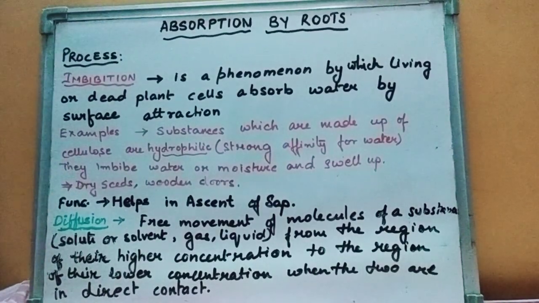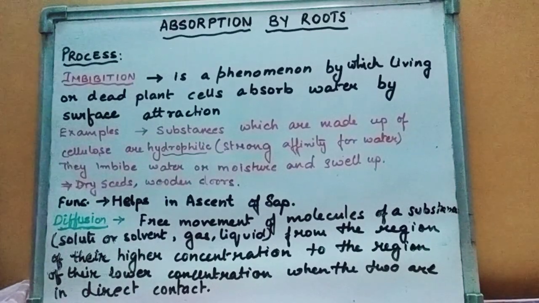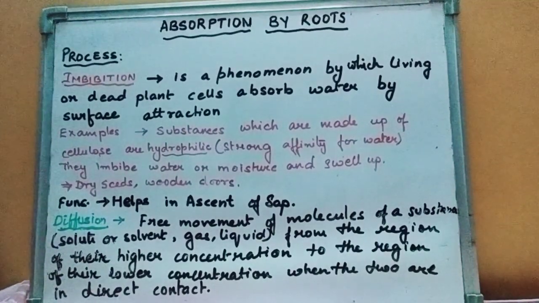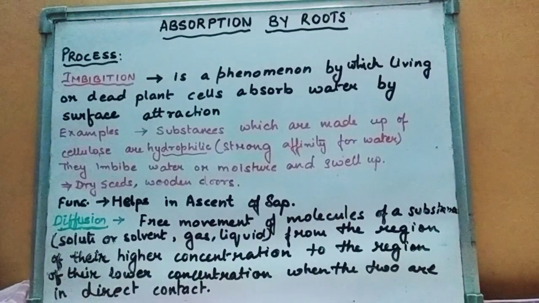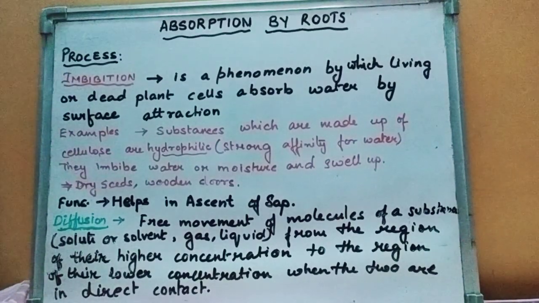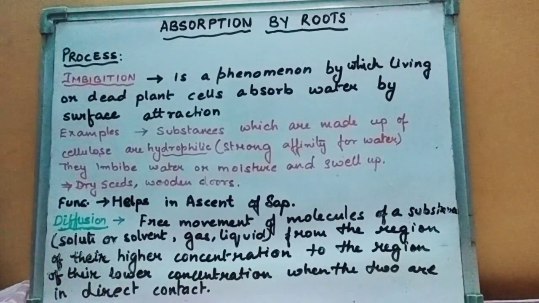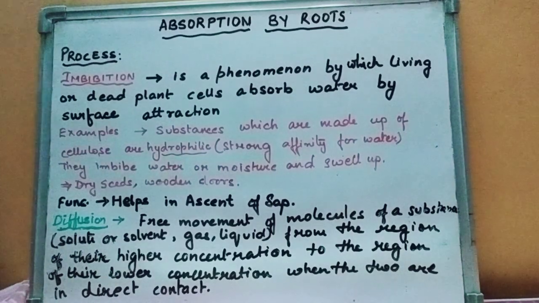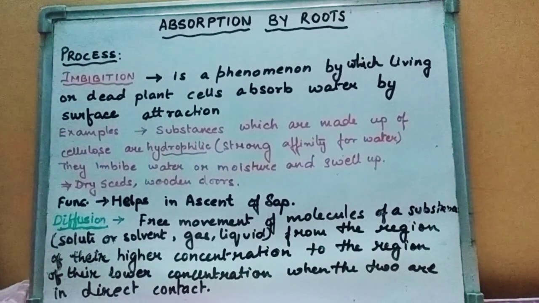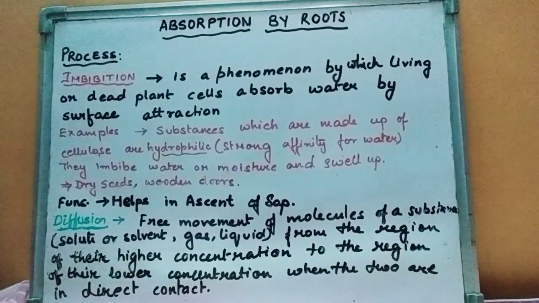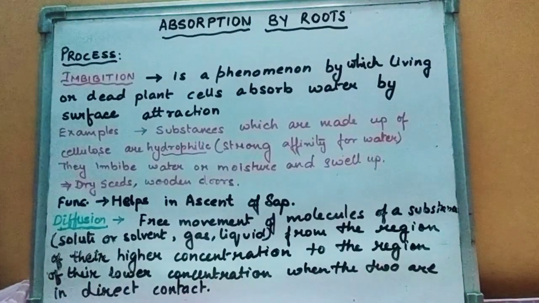Whereas in gas, the molecules are free and far apart from each other, so diffusion takes place easily with Brownian motion. So in diffusion, the readiest movement of the molecules takes place in the gaseous state, as the bonding is very loose and they are far apart from each other.